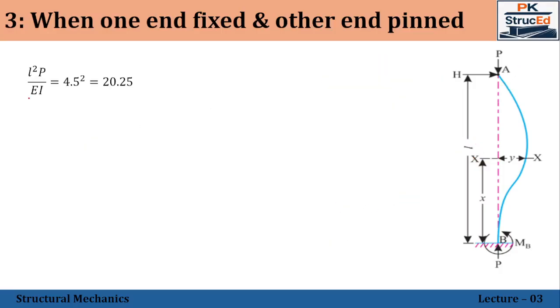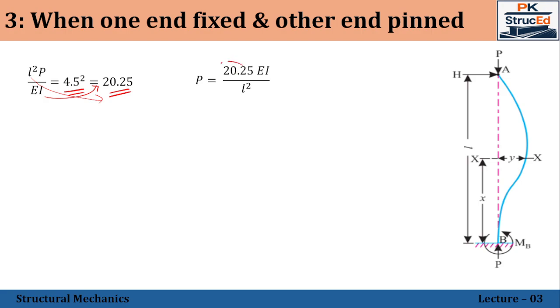That's what has been written here. And 4.5 square will be equal to 20.25. Now bringing EI to the right side, and L square to the denominator, we have P is equal to 20.25 EI by L square.